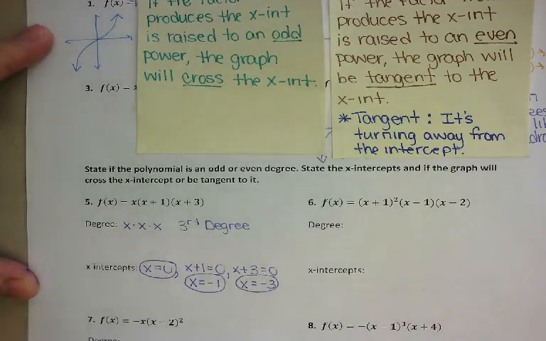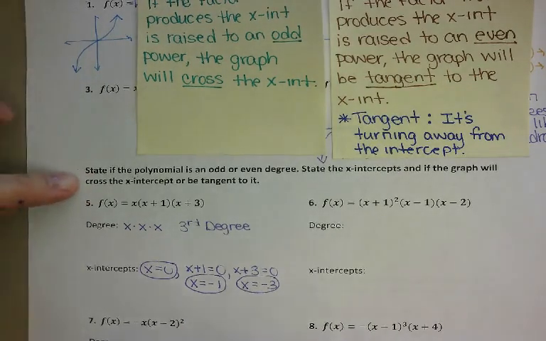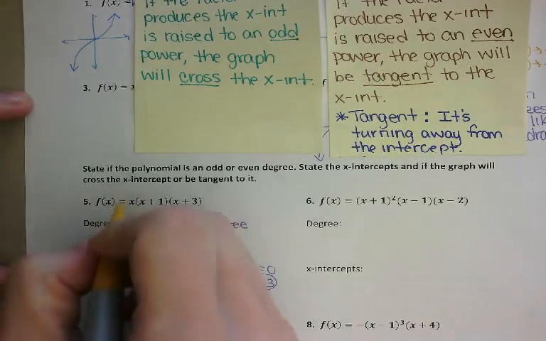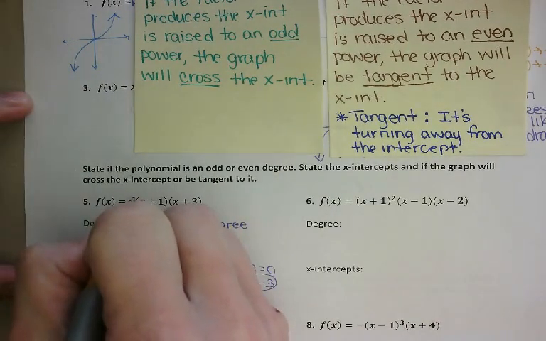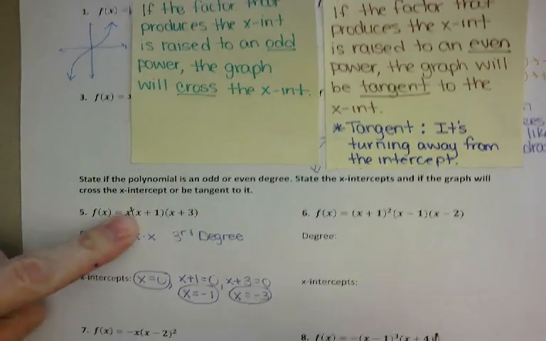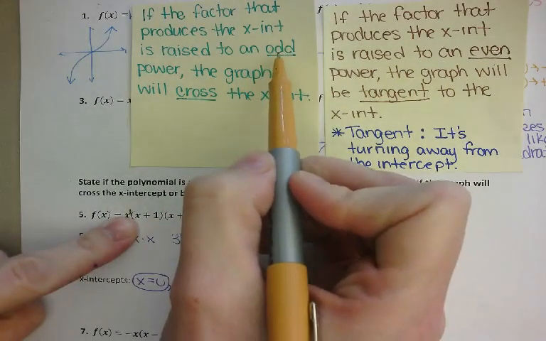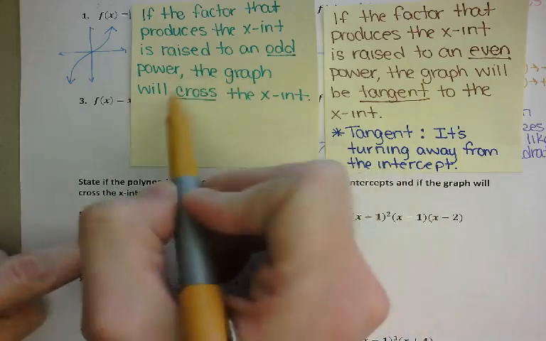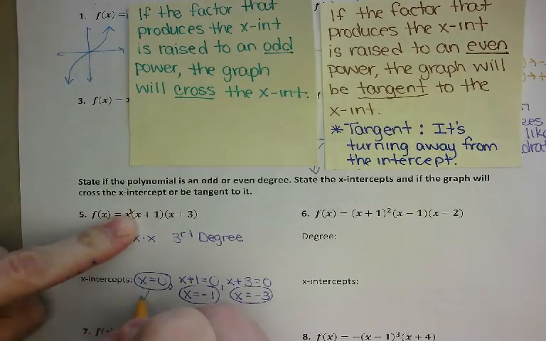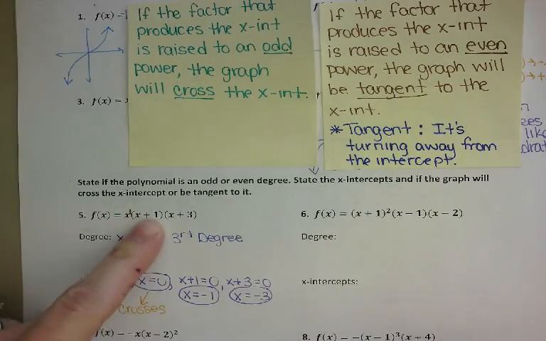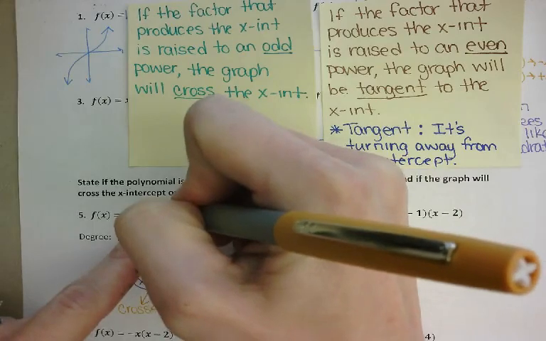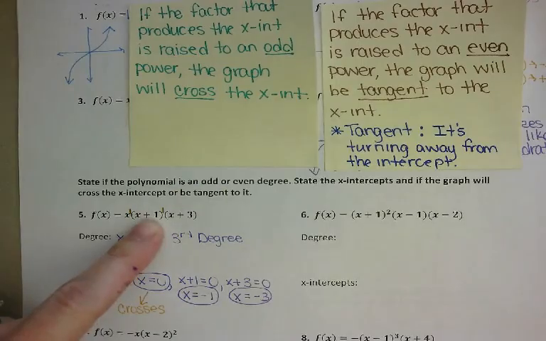All right, so now you also need to state if it's going to cross the x-intercept or if it's going to be tangent. So looking up here, I want to look at the power. So on the x, this is an x to the first. Because that is an odd power, the graph is going to cross the x-intercept. So this crosses. If I look at this factor, this factor is also raised to the first power.